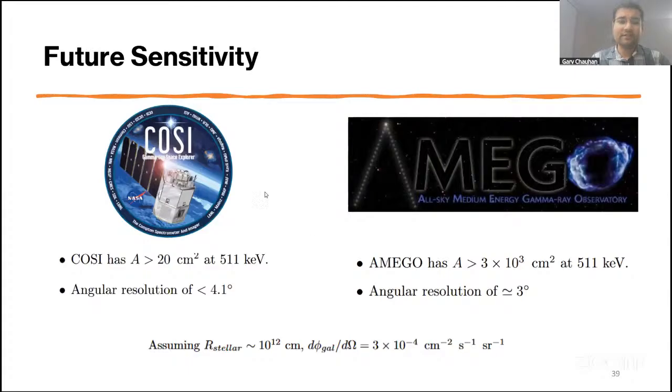For future sensitivity in the 511 keV range, we are looking at COSI and AMEGO. For COSI, you have 20 centimeter square effective area. For AMEGO, you have 3000 centimeter square, so it's huge. Angular resolution of COSI is less than 4.1 degrees, and for AMEGO, it's of order 3 degrees. This is the background expectation for the galactic background, and this is the assumed stellar radius.